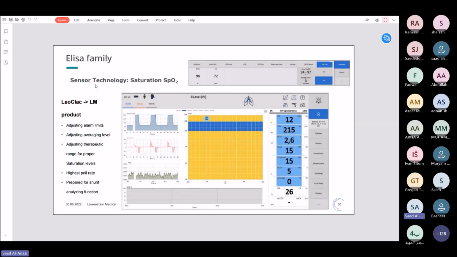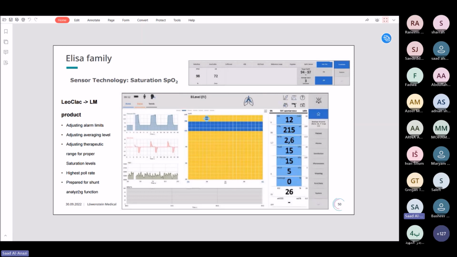As you see here in the sensor technology, if you connect the saturation sensors from the Masimo, you can adjust the alarm limit. It will open for you a window for the average of the FiO2, average of the saturation and the heart rate, here in the blue. You can see it here, continuously measuring the average level for the saturation and the heart rate, adjusting the therapeutic range for the patient.